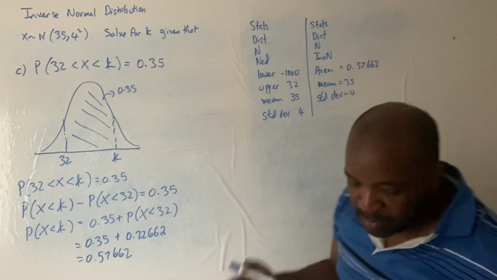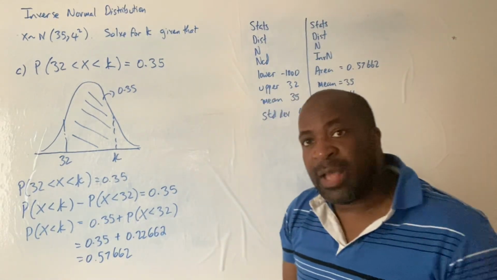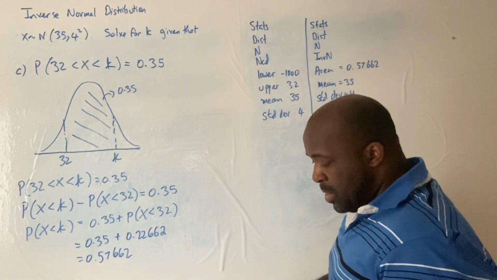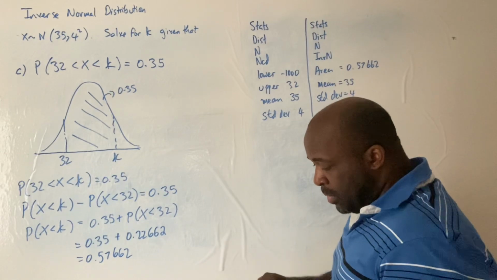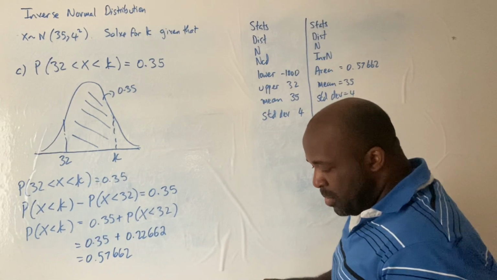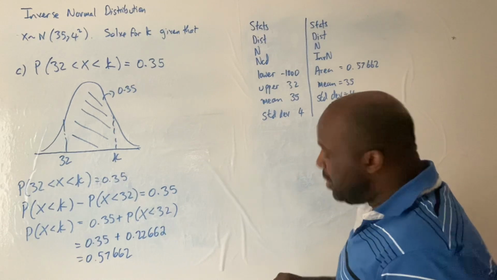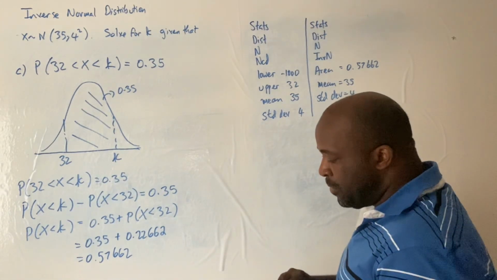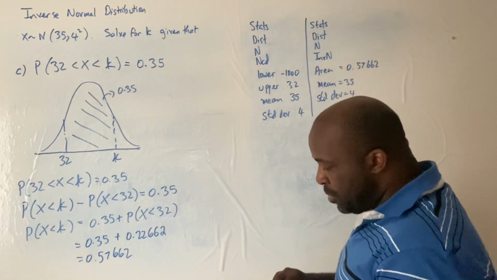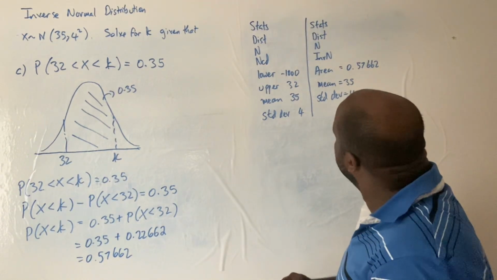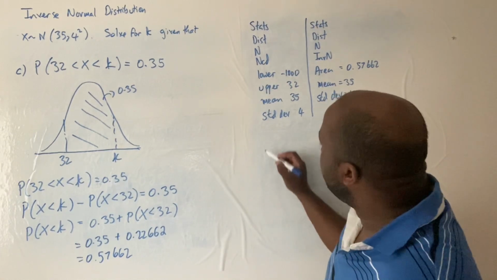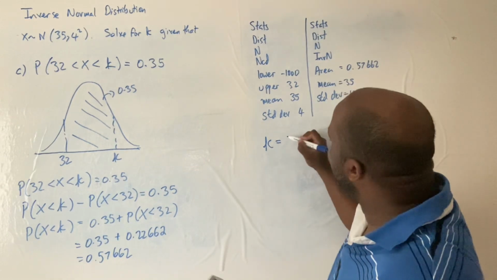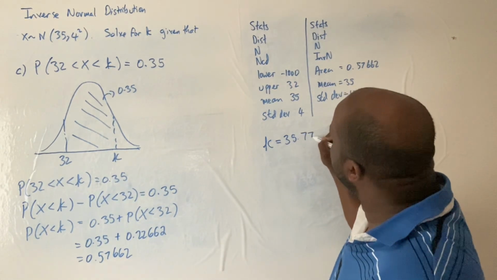If you're doing this problem without a calculator, it is really quite challenging. So distribution, normal, inverse normal, area is 0.57662, sigma is 4, mean is 35, and therefore k is going to be equal to 35.773.